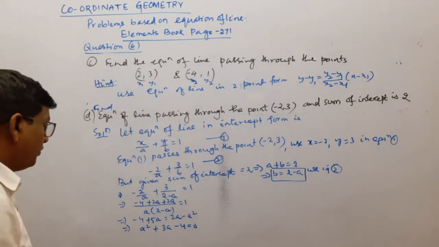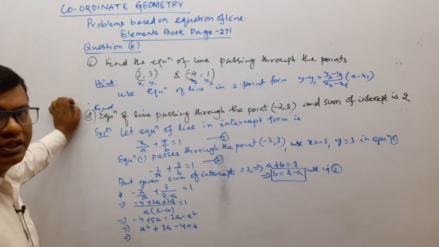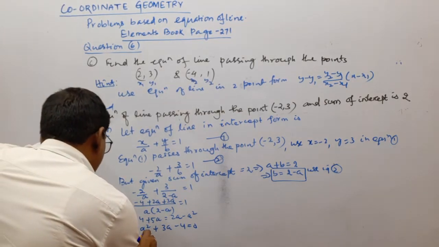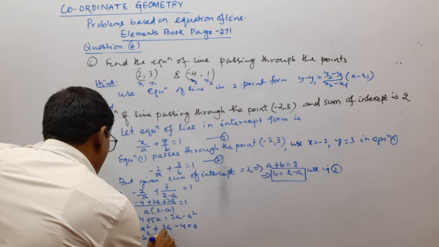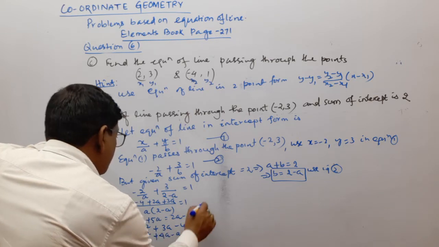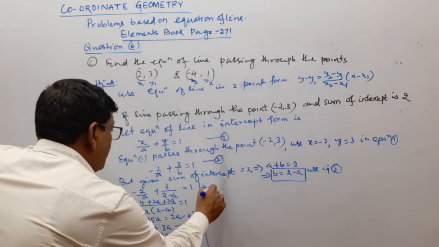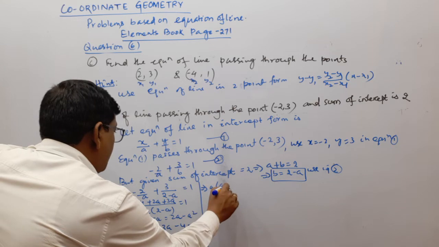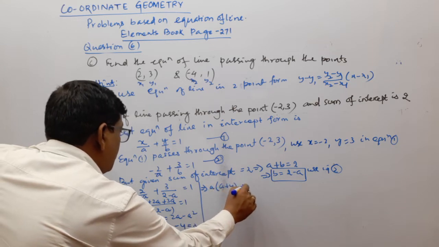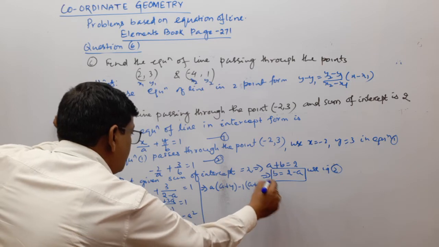Now factorize this. This will be a square plus 4a minus a minus 4 equal to 0. Now take common a, that implies a into (a plus 4) minus 1 into (a plus 4) is equal to 0.